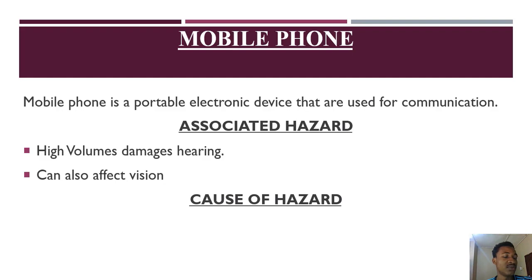When we increase the volume of the mobile phone to a certain maximum, it can affect our hearing. Also, the light rays from the mobile phone can affect our sight. The cause of the hazard is too much use of the mobile phone.